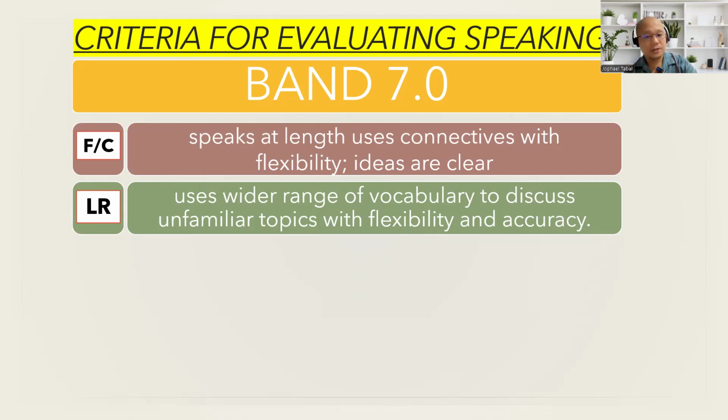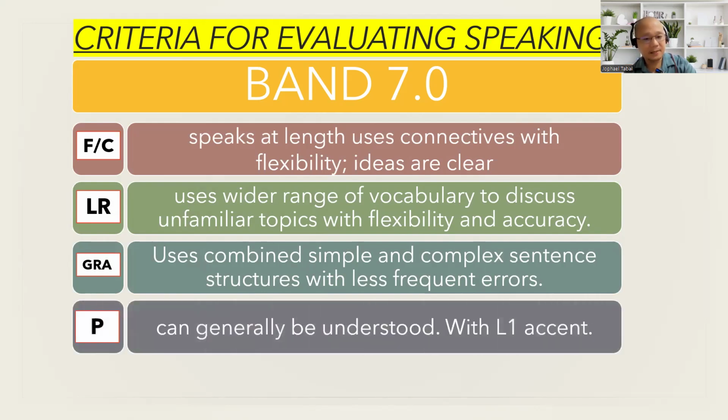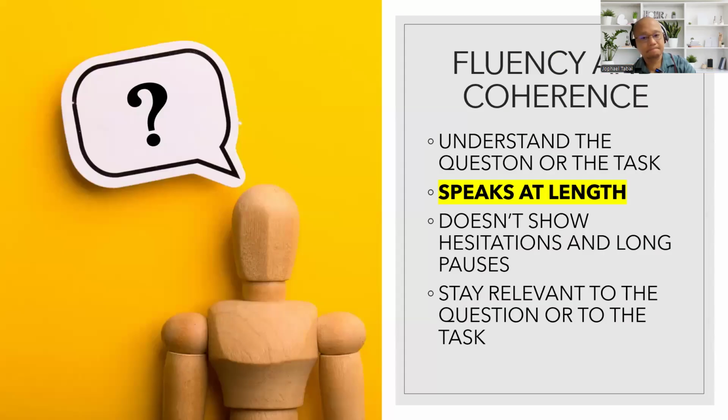Of course, he has to use these words more flexibly and more accurately. Then for GRA, he or she has to use simple and complex sentences with very minimal errors or mistakes. And lastly, for pronunciation, it can be generally understood.